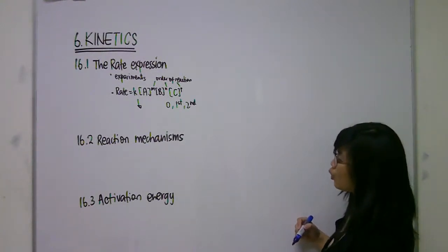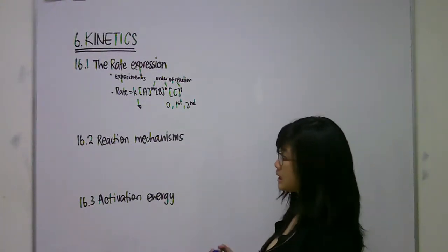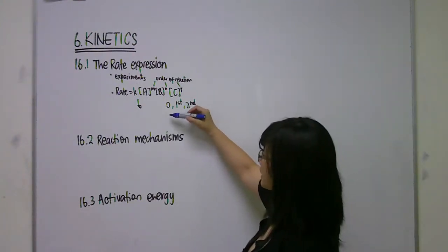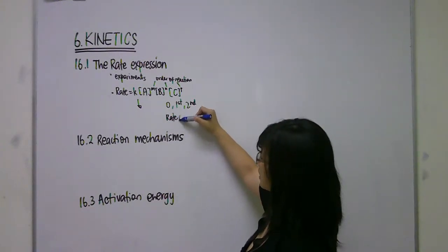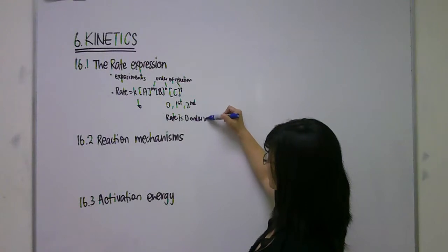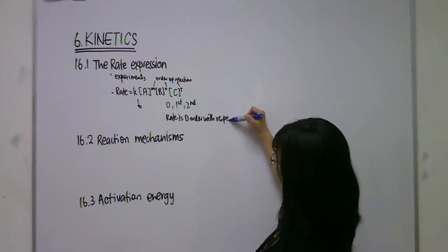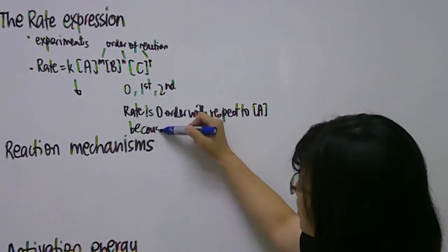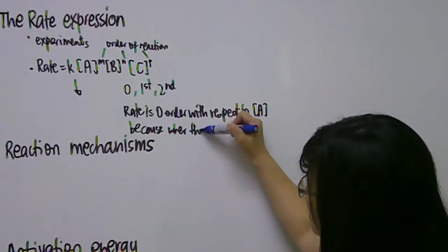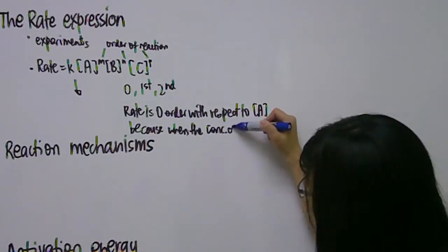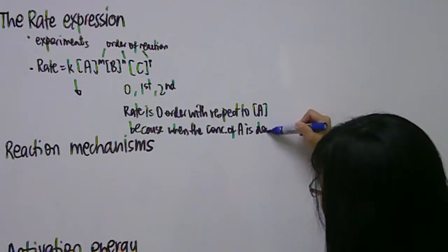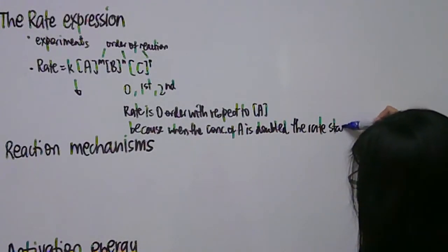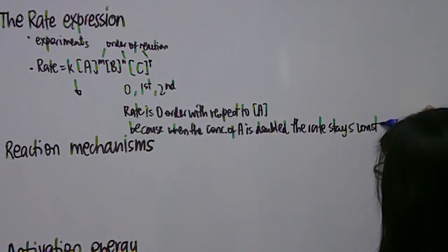So they can do it mathematically, but usually IB only requires them to say something like the rate is 0 order with respect to A, for example, because when the concentration of A is doubled, the rate stays constant, something like that.